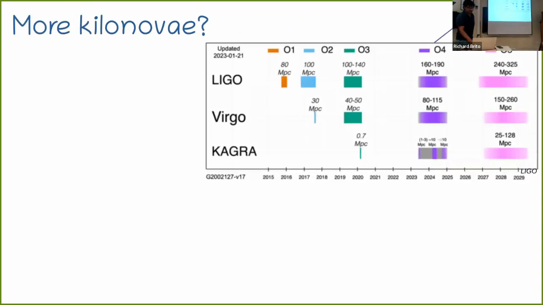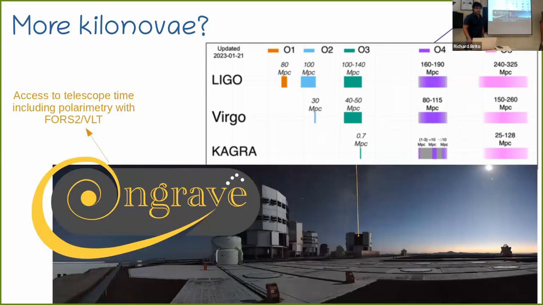Good thing, the O4 LIGO run is starting next week, and it's going to have higher sensitivity. You're going to reach longer distances, so increasing your volume, increasing the probability of detecting kilonovae, and that's very cool. And I'm part of this ENGRAVED collaboration, which is the electromagnetic follow-up of candidates, which is tricky because LIGO gives you a large region where there are millions of galaxies, so it's not easy.